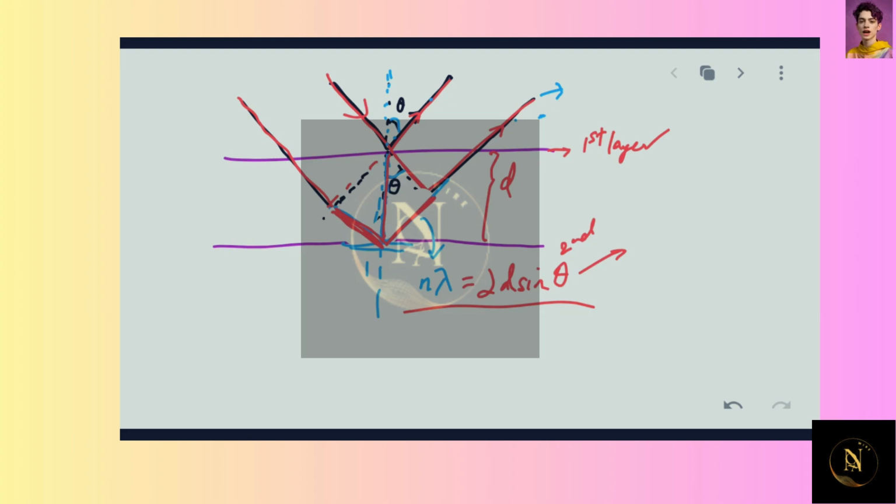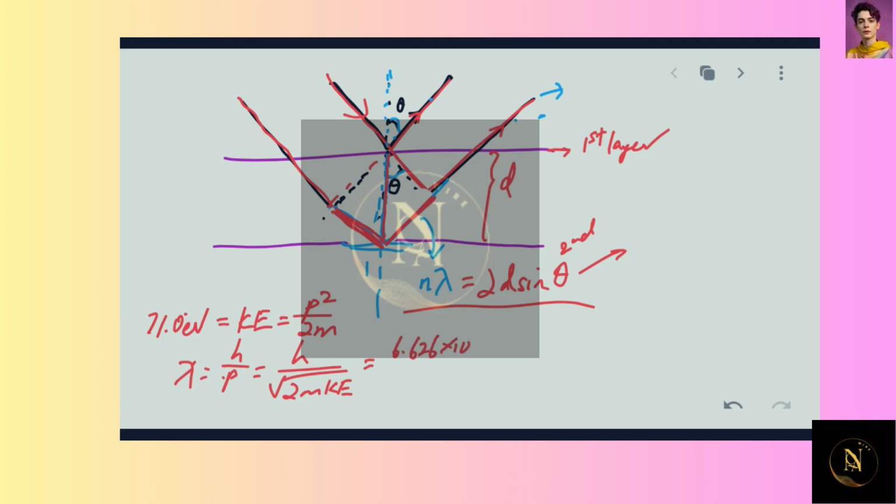But we will first need to find the wavelength of our electron. Given that it is 71 eV, the kinetic energy, so it goes to p squared over 2m. You can get the wavelength by h over p, h over square root of 2m times kinetic energy. m is the mass of the electron.